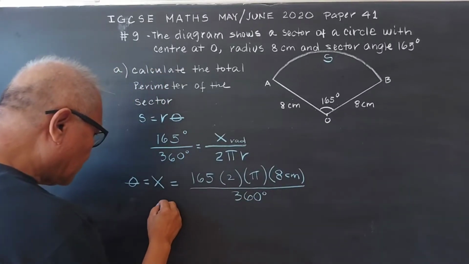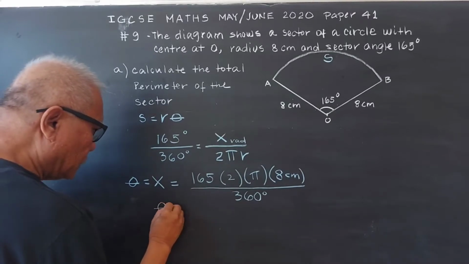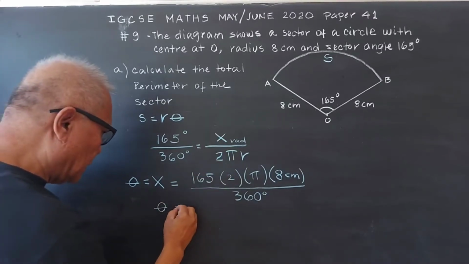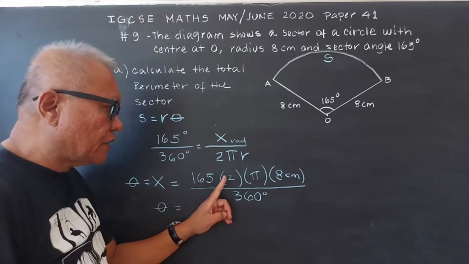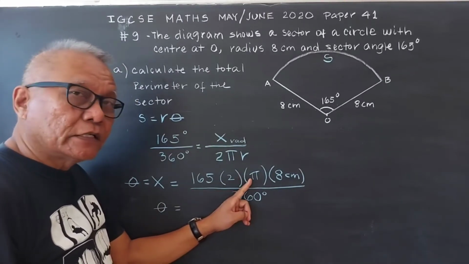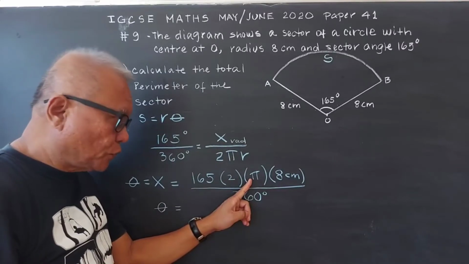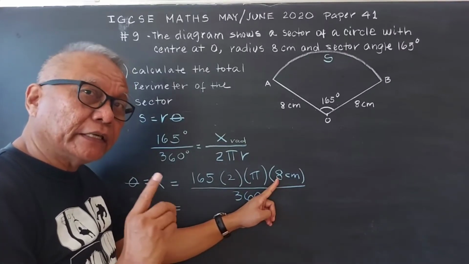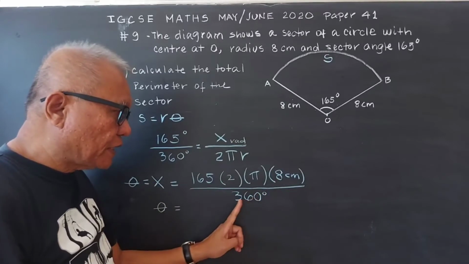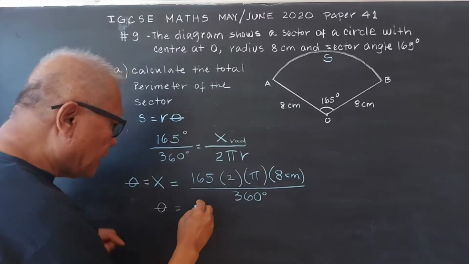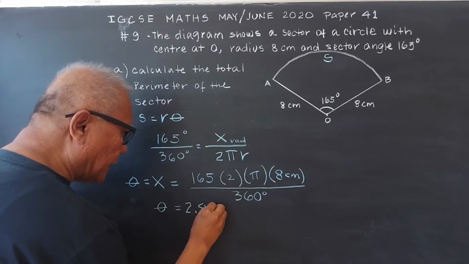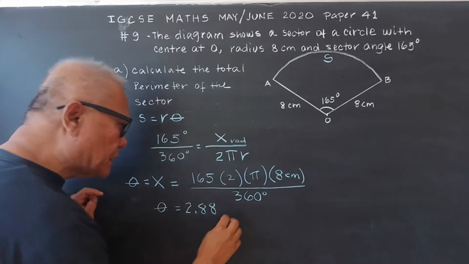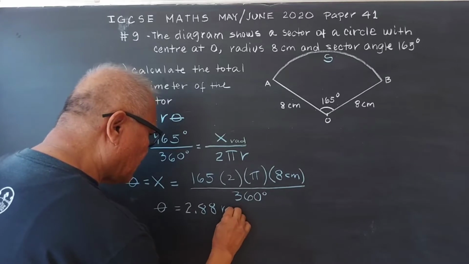And we will find out that our theta, which is x there, is equal to 165 times 2 times 3.142 times 8, divided by 360 degrees, and it will give us 2.88. The unit now is radians.